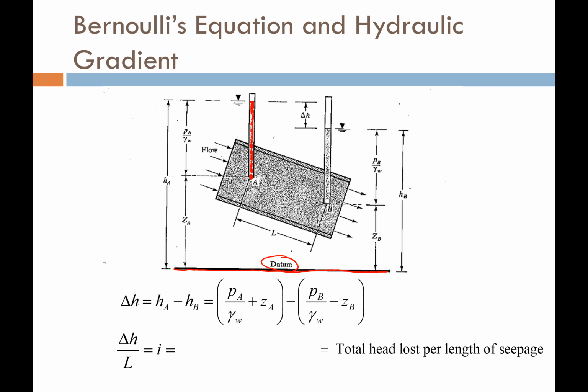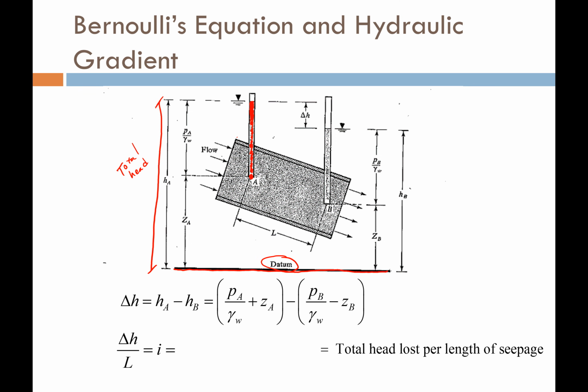The piezometric head, or we'll call it the total head, is by definition the height from the datum to the top of the water in my piezometer. So this guy right here, that is my total head.